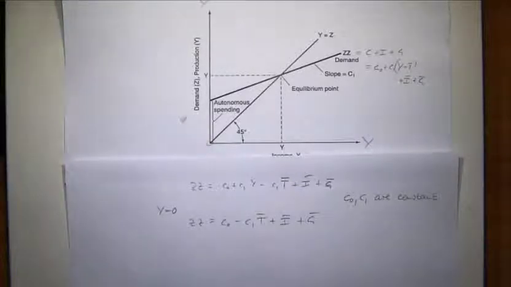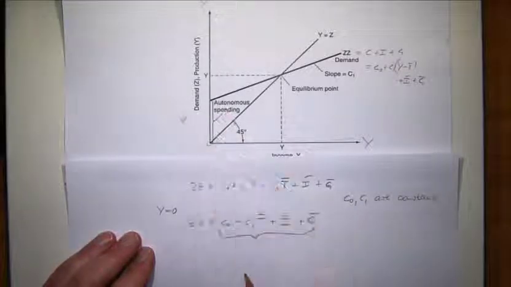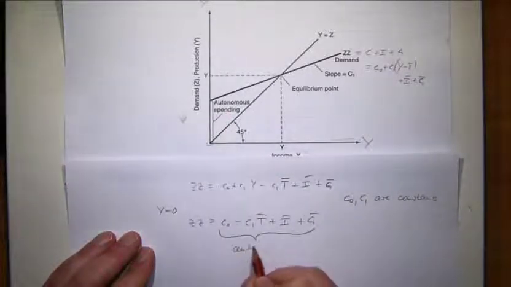So if I want to plot this demand curve, and I look at the special case where output is equal to 0, then this term drops, and I'm left with this. And this I call autonomous spending.